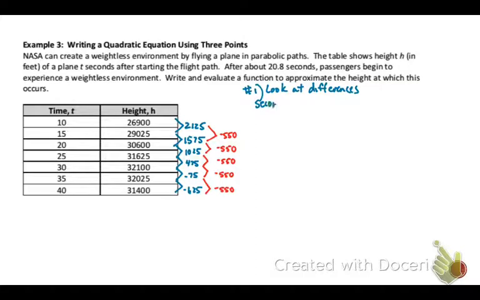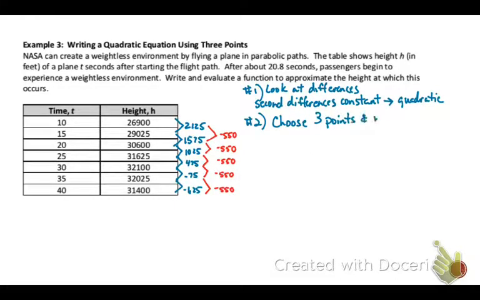So the first thing you want to do when you have a table of data and it says write a function is look at those finite differences. So we're going to write a quadratic. Now the method that we're going to use is using 3 points, because notice we don't know that we have the vertex, we don't see any x-intercepts, so we can choose 3 points.